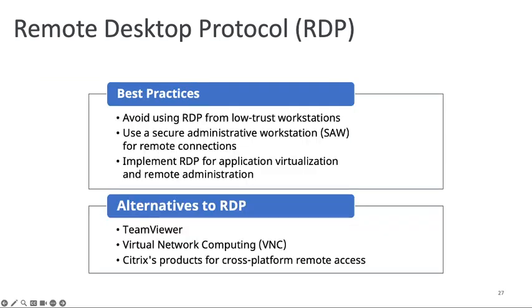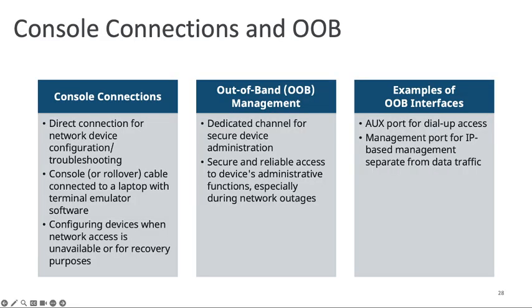The next one is console connections. Console connections provide direct access to network devices for configuration and troubleshooting. OOB, which is out-of-band management, uses a dedicated channel for secure administration that ensures access even during network outages.